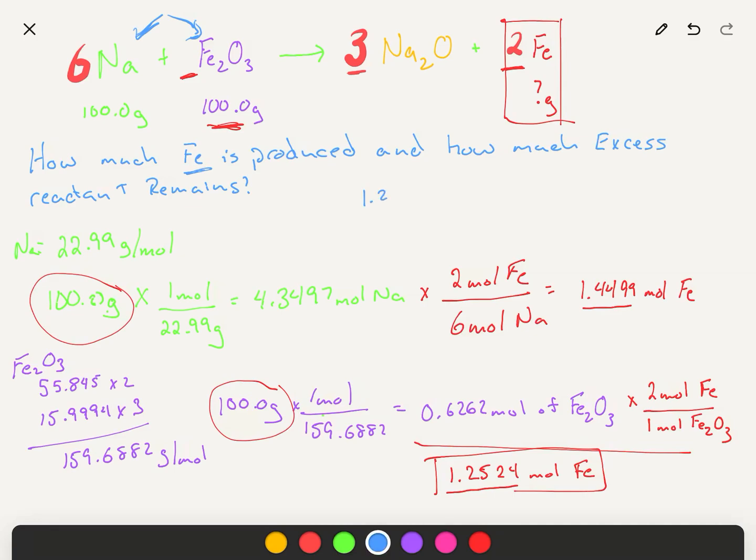So we're going to take 1.2524 moles. The molar mass of iron we've got here is 55.845 grams over 1 mole.